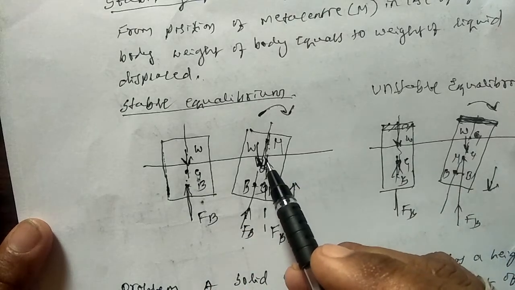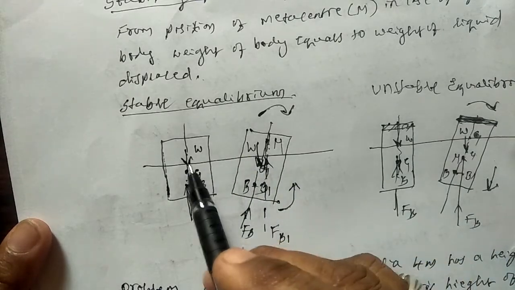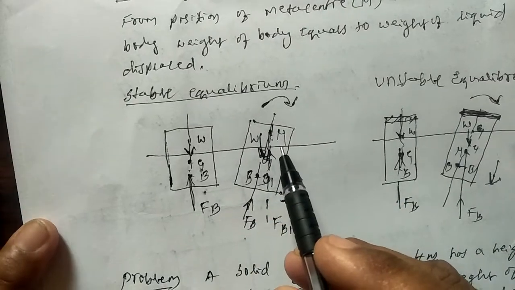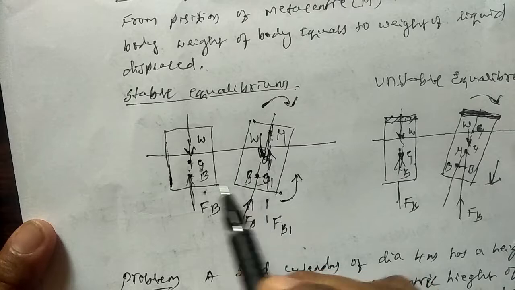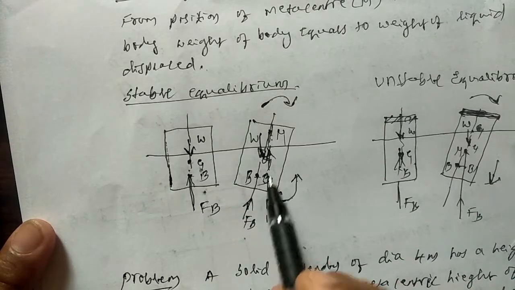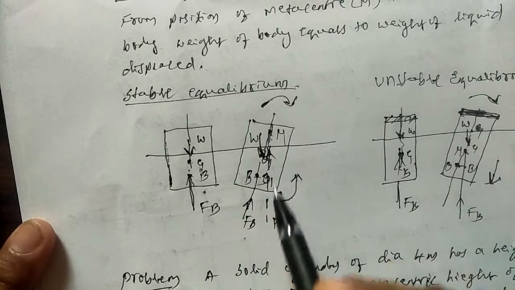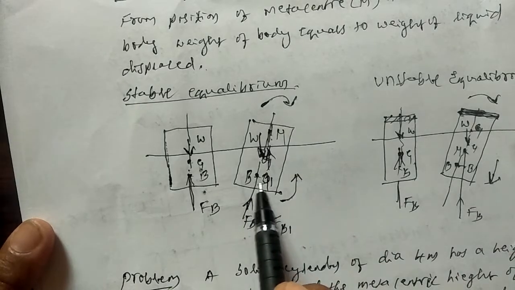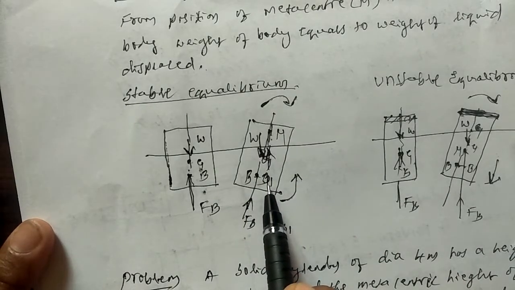But come to the second figure. Here when we give a small angular displacement to this body in clockwise direction, the line of action shifts to the new position. You see here, the center of buoyancy is also shifted to the new position B1.